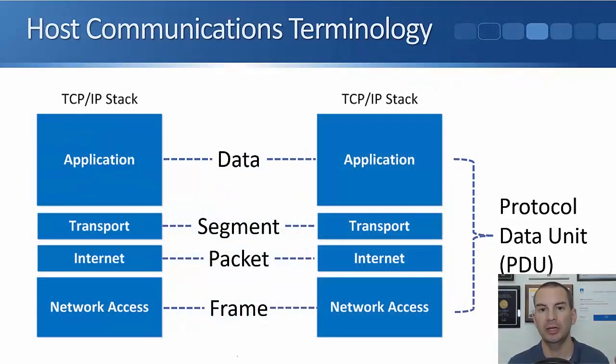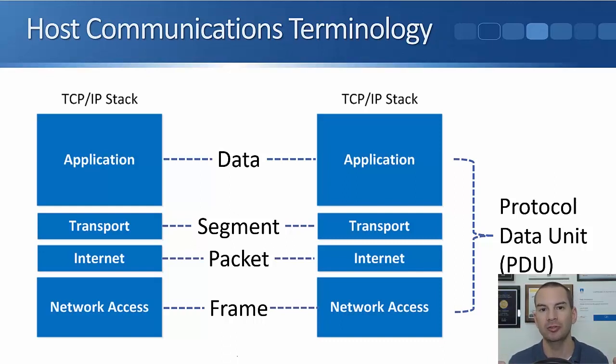Moving on, looking at some host communications terminology. So when 2 hosts talk to each other, they're going to be exchanging PDUs, protocol data units. The PDU is the entire communication all the way from layer 7 down to layer 1 of the OSI stack.